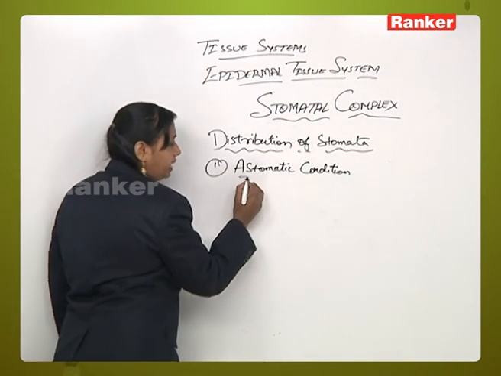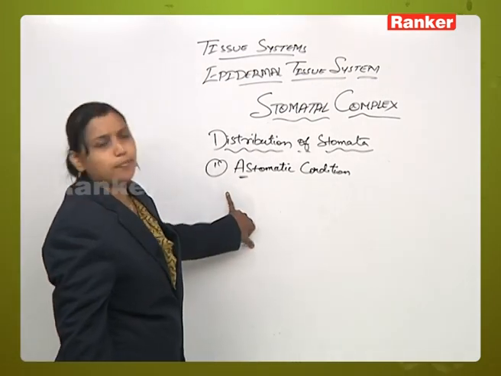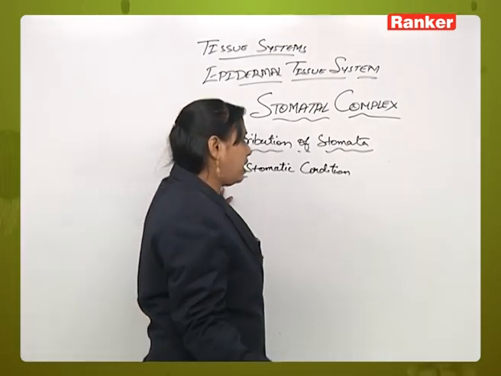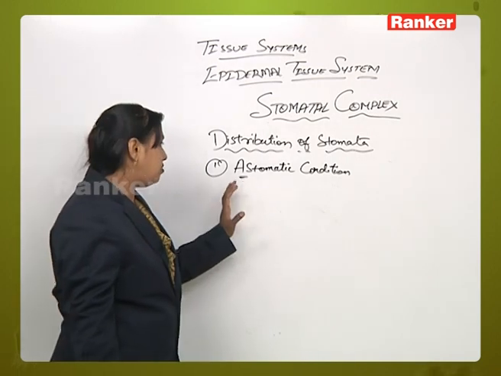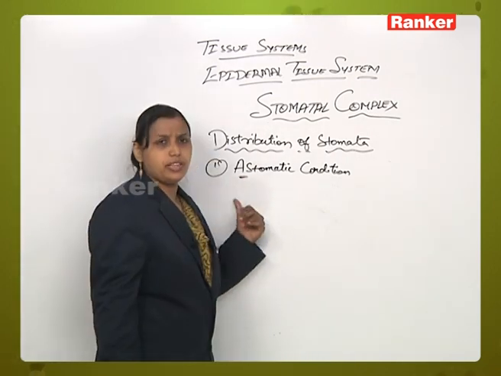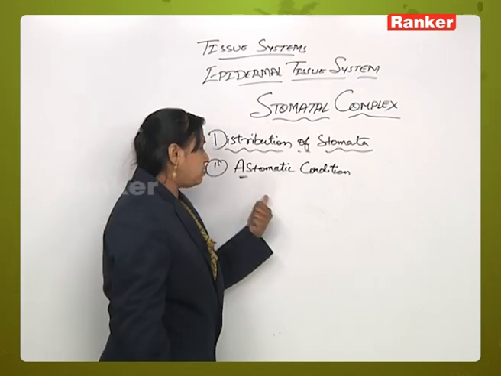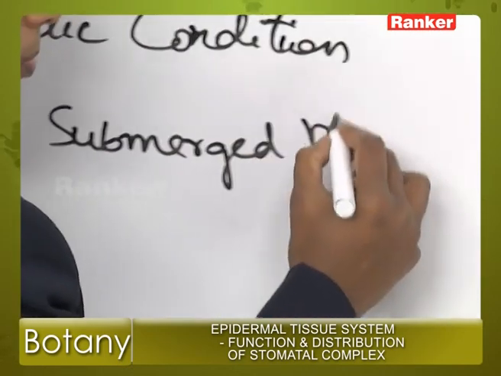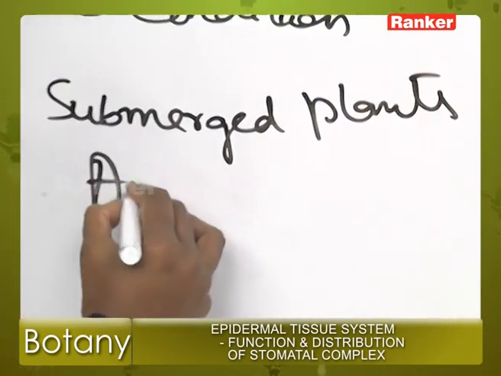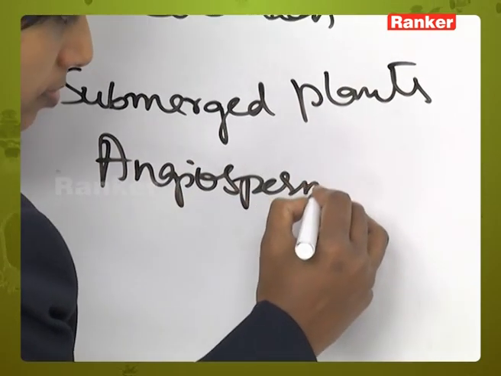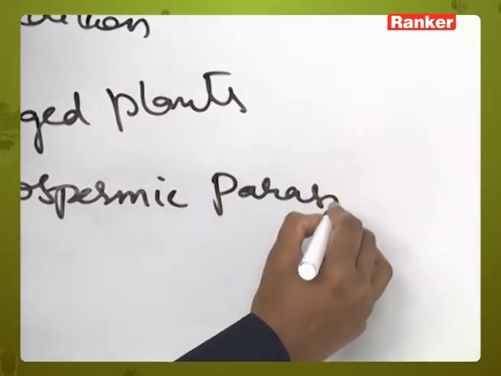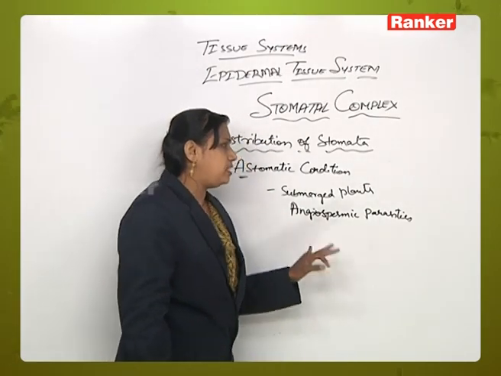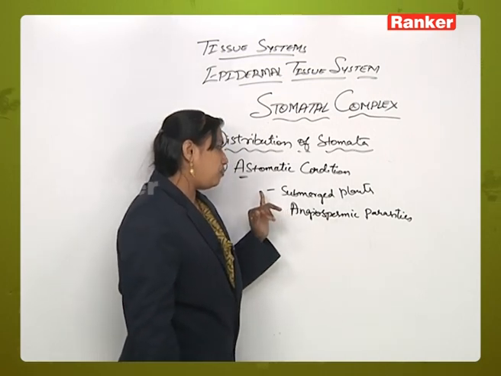Now, astomatic condition, A itself means without stomata. There are non-chlorophyllous plants where there is no stomata. Astomatic means without stomata. For example in submerged plants and in angiospermic parasites, you will see no presence of stomata.